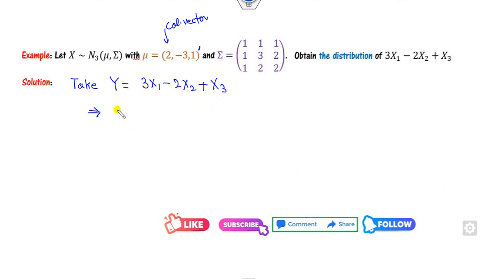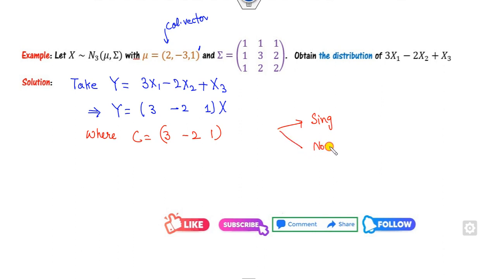So this implies I can write y is 3, minus 2, 1 times x, where C will be 3, minus 2, 1. Then your target is to check whether it's singular or non-singular. Since it is not a square matrix, you have to find the rank.